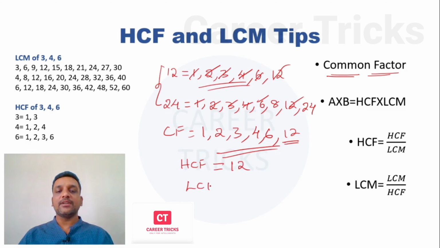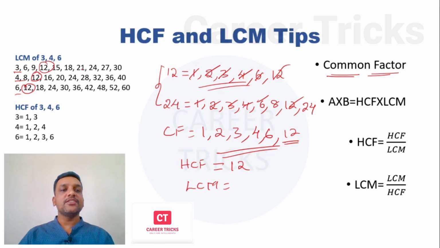Now LCM. LCM is least common multiple. Here, I'm having the 3 table up to 30, the 4 table, and the 6 table. I want to calculate the LCM for 3, 4, 6. 12 is a common multiple for all three numbers.